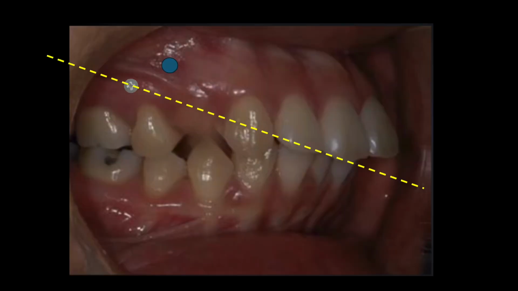Step 2 is to identify the center of resistance of the active unit. In this scenario, the center of resistance is of the maxillary total arch, so it is located between the premolar roots, like in this picture.